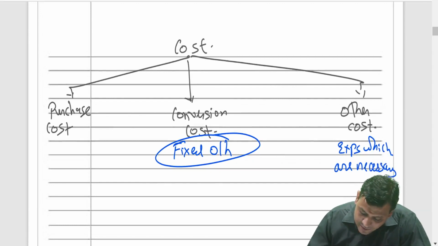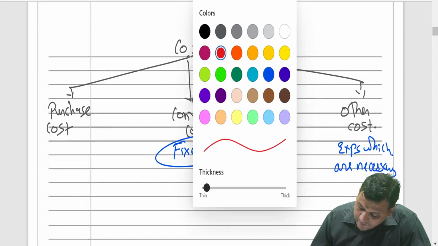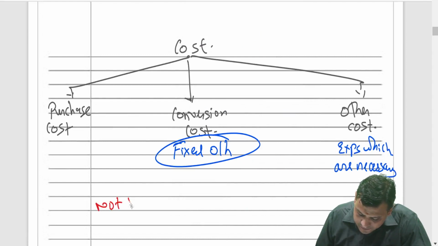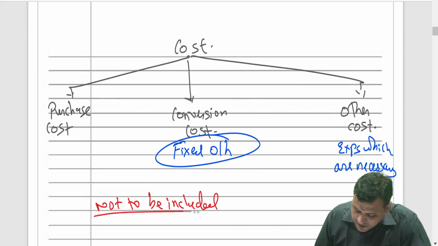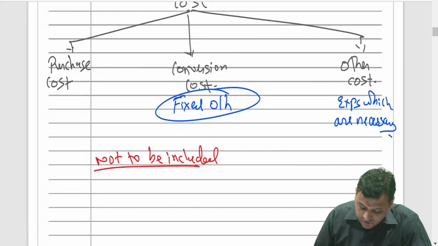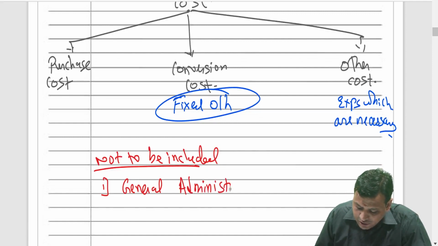Now the following expenses are not to be added in inventory. So not to be included. Which are the expenses not to be included in cost of inventory? General admin. If you have done any kind of administrative work exclusively for buying that particular asset, that is inventory, then it will be included.